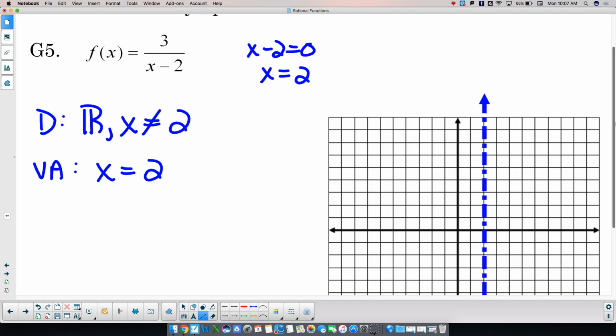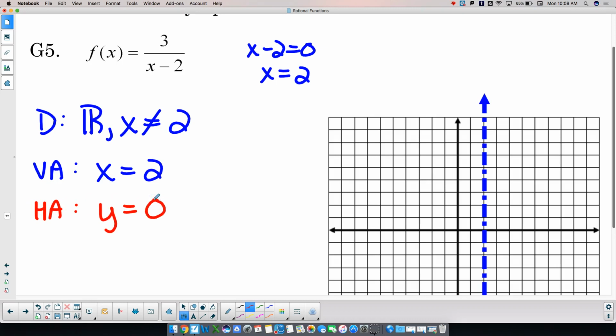Degree of the denominator: 1. So are we in a bigger on top, bigger on the bottom, or same case? Bigger on the bottom. So that tells me that my horizontal asymptote is what? Y equals 0.